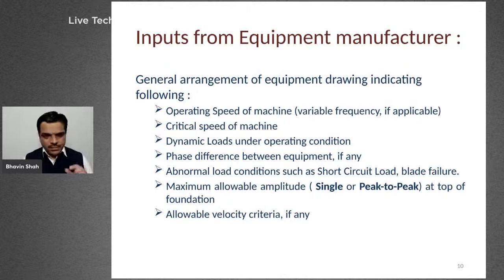let's say if there are 2 or 3 equipment supported on the same deck slab, and now if those equipment have a different phase angle, that means they will get a peak value at a different time. That means all the machines will not be getting a peak value at a similar time. So because of that, it may happen that one machine is exerting force in, let's say, a plus x direction.